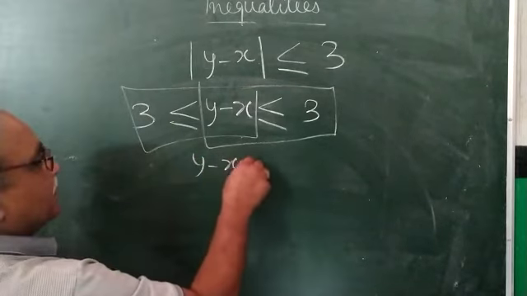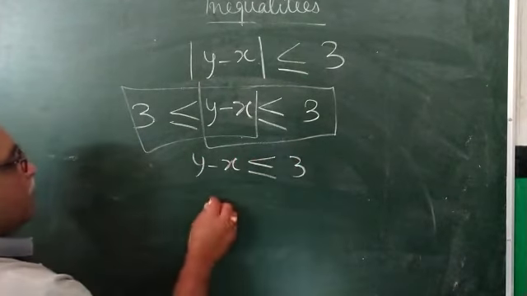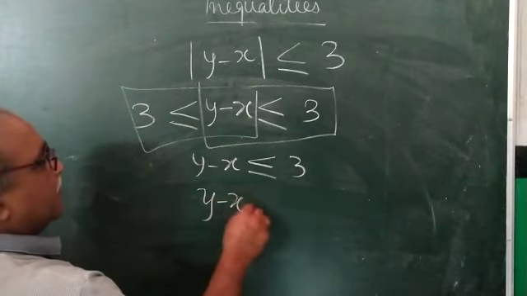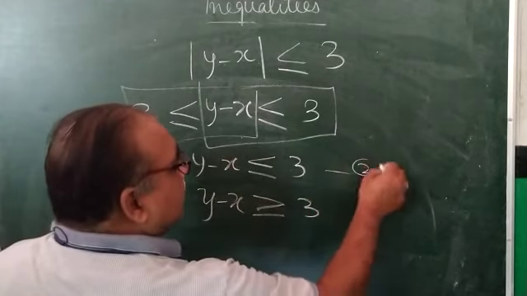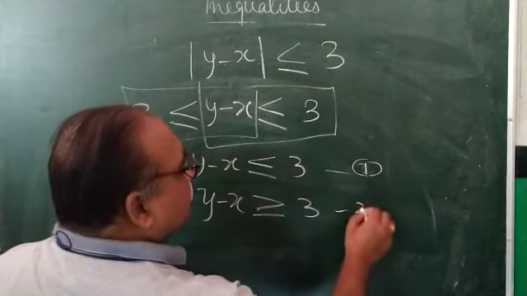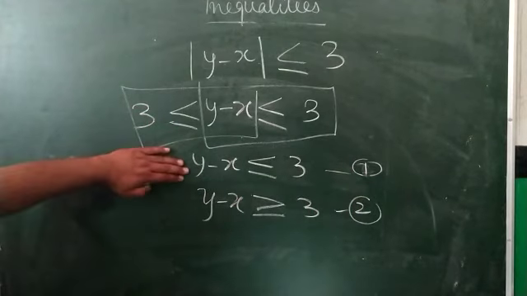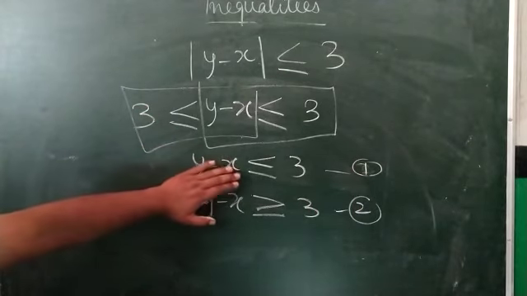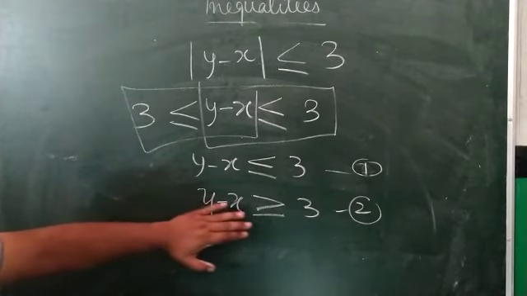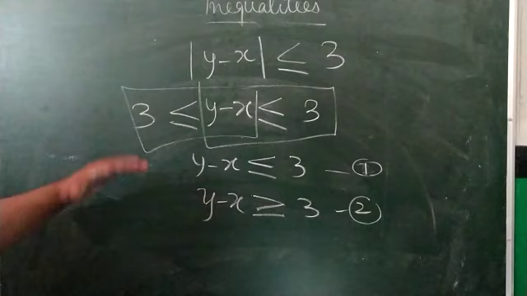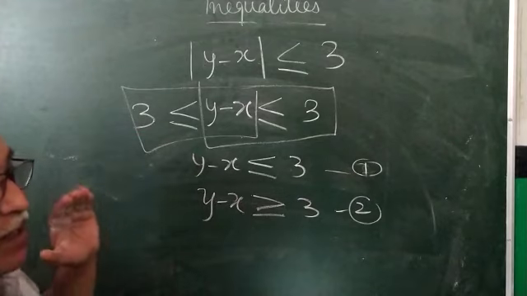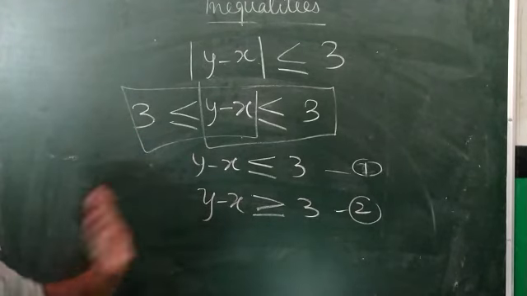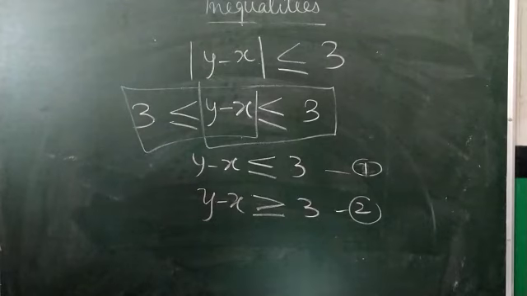So we have y minus x smaller than or equal to 3, or we can have y minus x greater than or equal to 3. So we have two inequalities in one. This is the first one, this is the second one. So solve this, y minus x less than 3, solve this, y minus x greater than 3. You will get a different x, y and shade from here, a different one from here, and the solution we find will give the result. So in the next video I am going to tell you how to do this inequality.